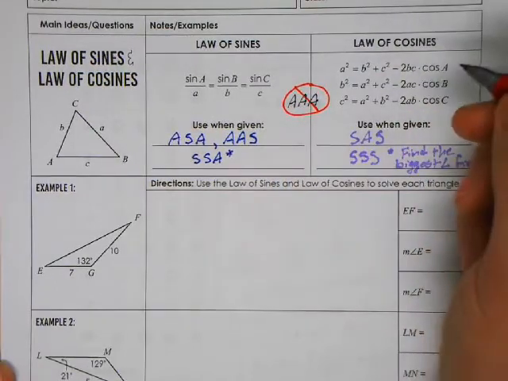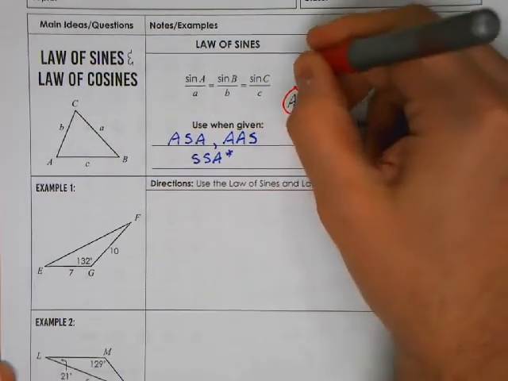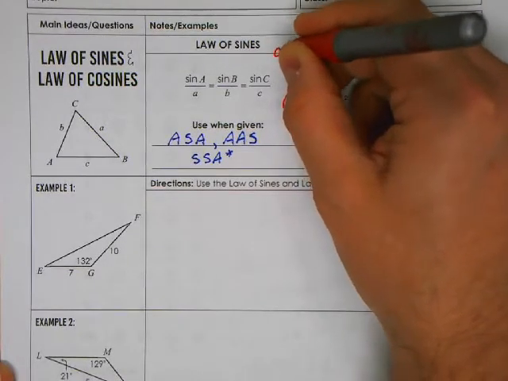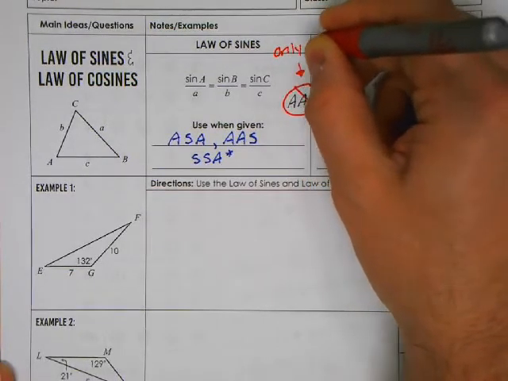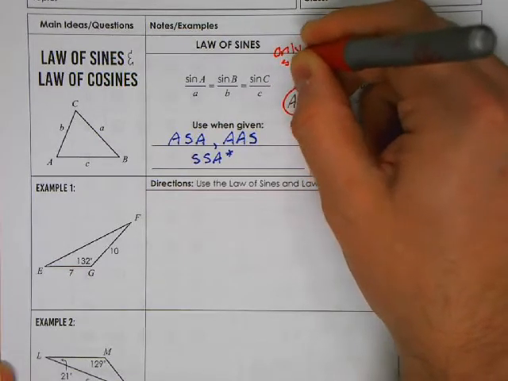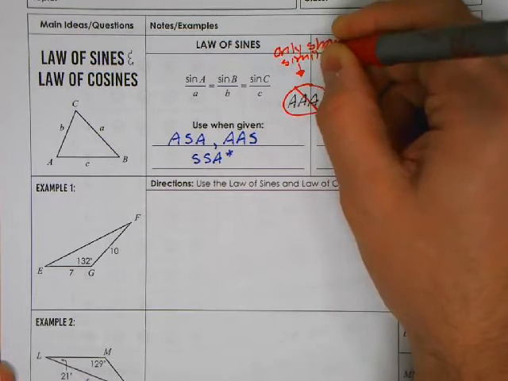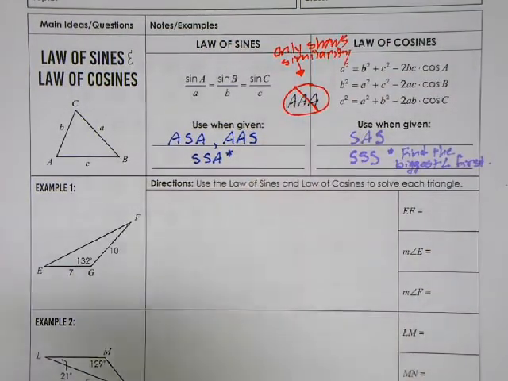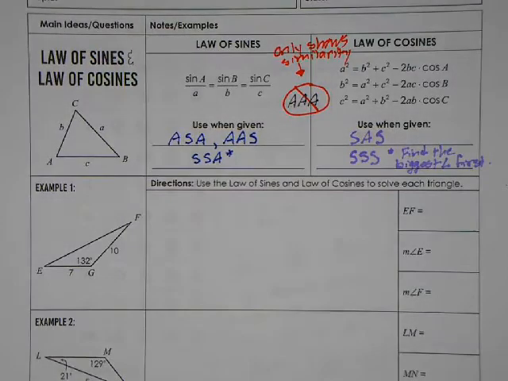So angle, angle, angle will never be used. This only shows similarity. So an angle, angle, angle combination is never going to be used for anything but similarity, definitely not for law of sines or law of cosines.